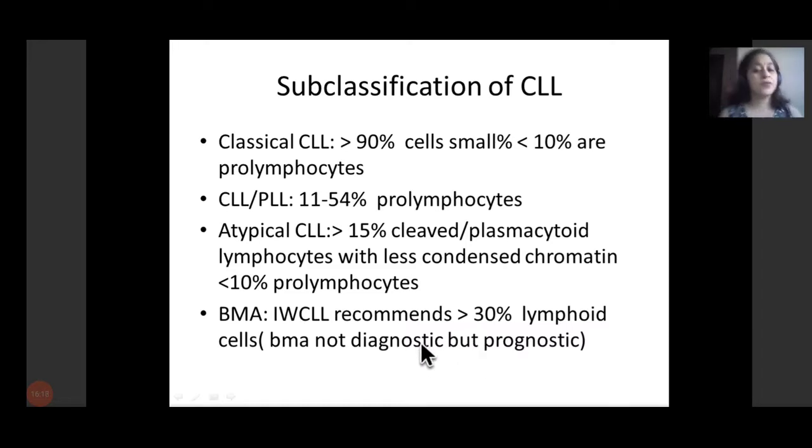For the diagnosis of CLL, what we need is a simple peripheral smear, the absolute count in the CBC and the flow cytometry with classical immunophenotypic expression, which we'll be discussing in the subsequent slides. But bone marrow is done for the purpose of basic cytogenetics and molecular studies at the time of diagnosis for the revised prognostication index to be calculated.